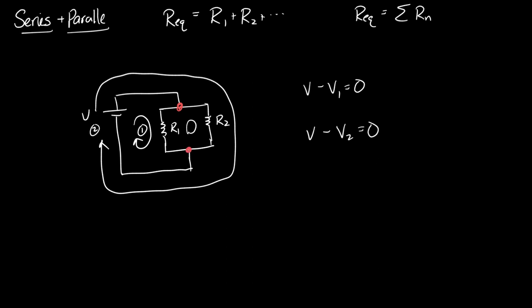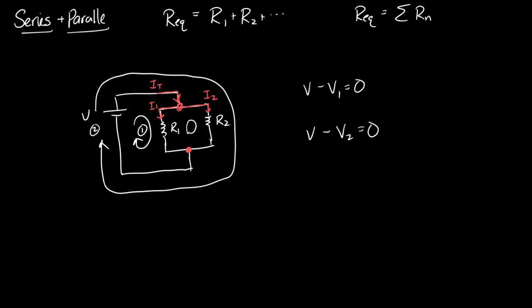Current into a junction has to equal current out. This is Kirchhoff's second rule. So there's a current going in here. I'm going to say this is I total, because this would be the current that passes through the battery. But there's a split, and I1 goes on the side with R1, and I2 goes on the side with resistor 2.